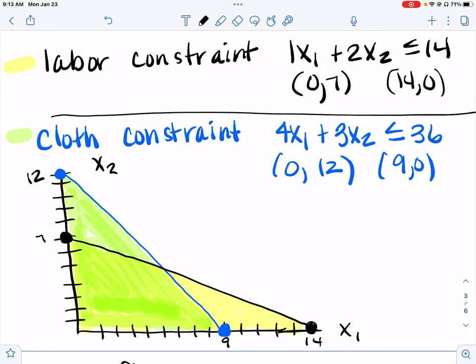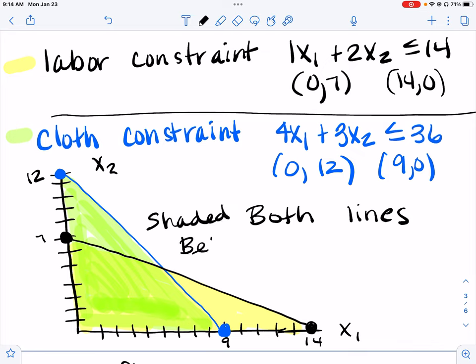Okay, so we have to have our labor constraint and our cloth constraint met, which means it's got to be shaded below both lines, the stuff that was shaded twice, because the stuff below both lines are things that meet both constraints, meaning if you put in x1 and x2, the labor constraint won't go over the labor and we won't go over the cloth.